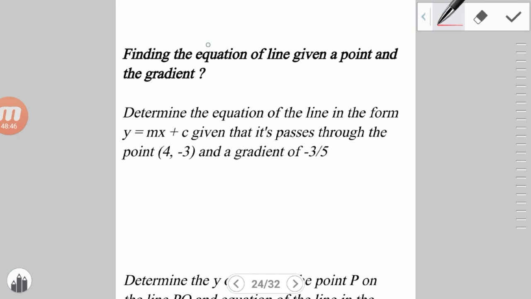Alright, so the title here is finding the equation of a line, given a point and the gradient. So this requires a little bit less working out because we are told what the gradient is. Alright, and we are actually told what our x and y ordinate values are.